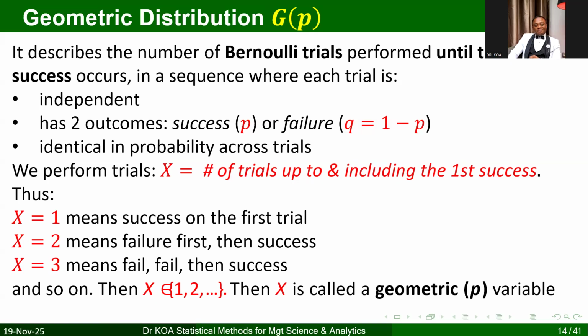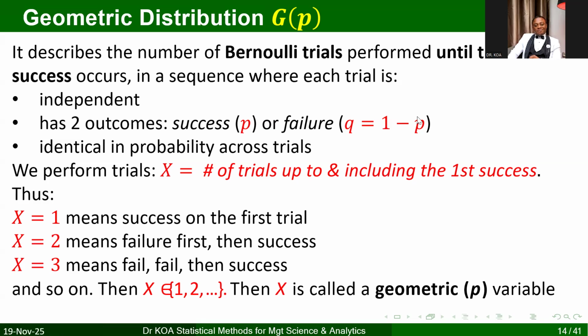And when you're performing the trials, X is the number of trials up to and including the first success. Okay. And you see this clearly. So if X is 1, it means success on the first trial.